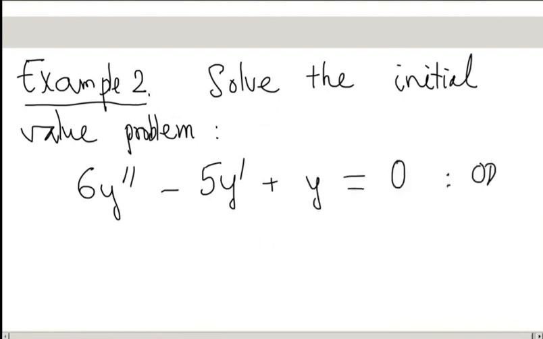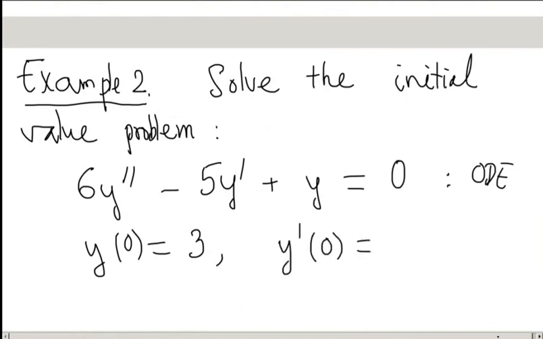This is our ODE together with initial conditions y(0) equal to 3 and y prime (0) equal to negative 2. You may pause the video and try it yourself.